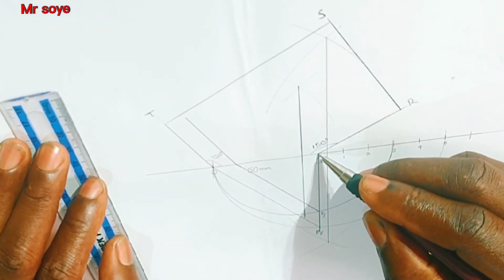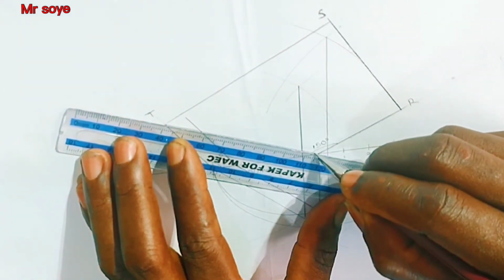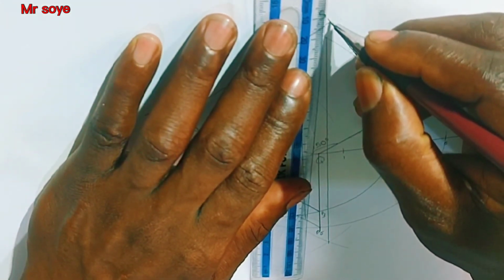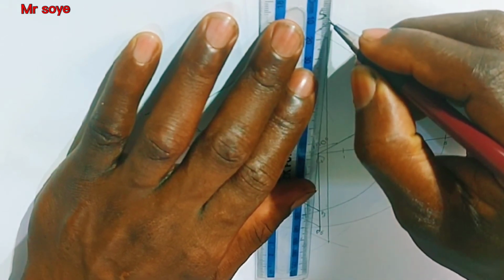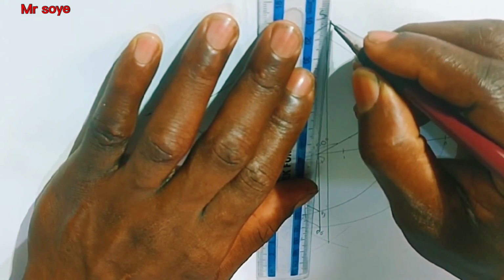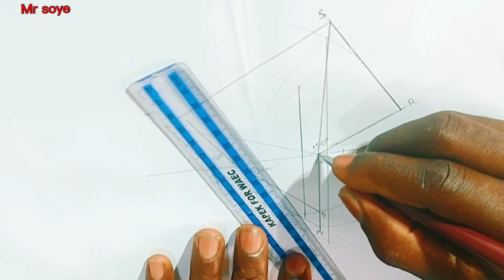We are going to radiate a line from Q to T. Also from Q to S. Good.